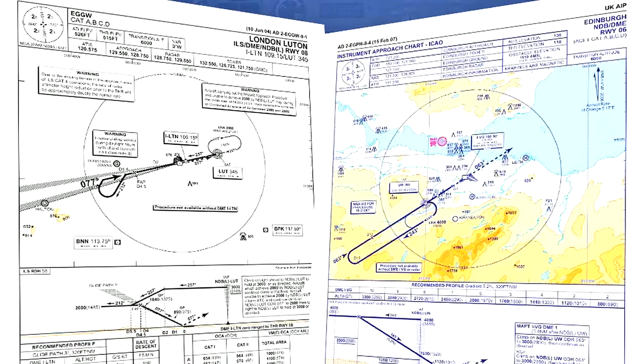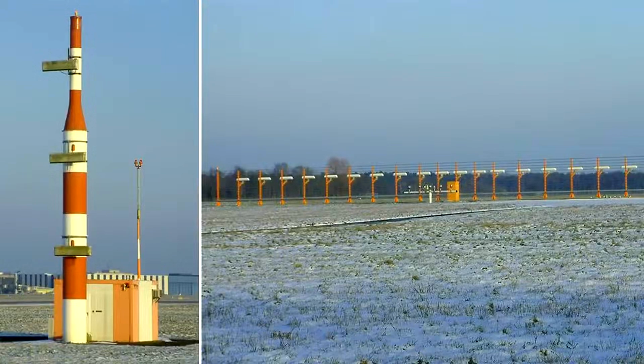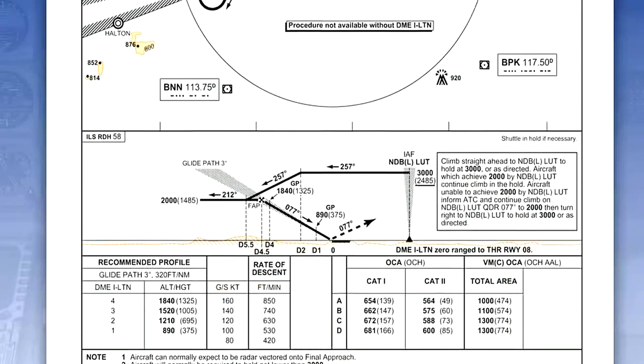A precision approach gives accurate track guidance during the final approach phase and information concerning height above the threshold of the runway. In precision approaches, external equipment is required for it to function, but by accurately flying the required track and glide path, the aeroplane is kept within the protected area, ensuring terrain clearance throughout the procedure.